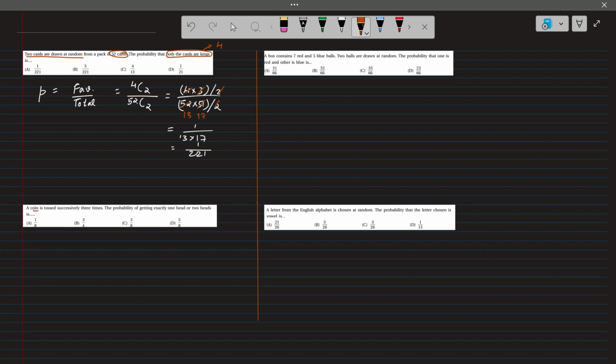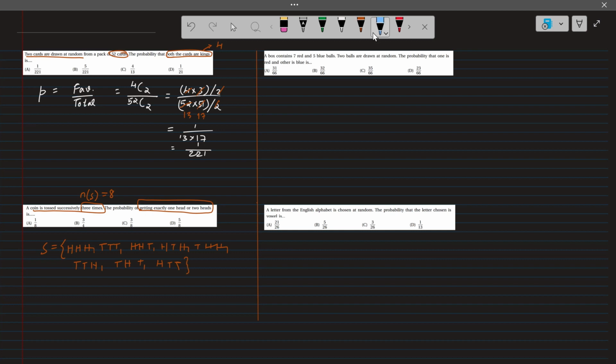A coin is tossed successively 3 times. So total number of elements in the sample space would be 8. The probability of getting exactly 1 head or 2 heads. If we create the sample space for 3 coin tosses, we'll get triple H, then triple T, HHT, HTH, THH, TTH, THT, and HTT.